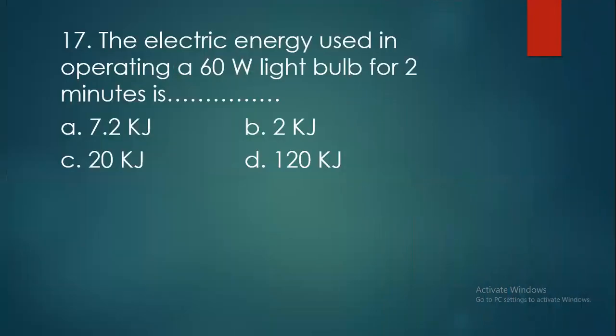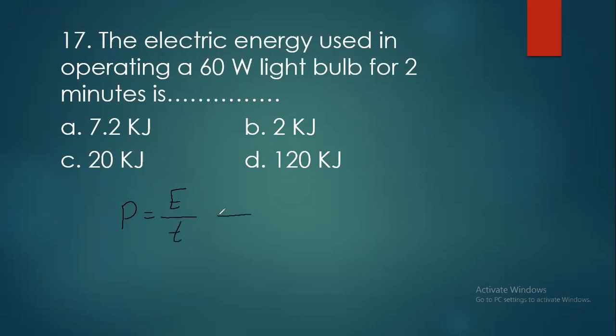Bismillah ar-Rahman ar-Rahim. The electric energy used in operating a 60-watt light bulb for 2 minutes would be, right? Recalling the energy power formula, power is defined as the amount of energy change in a given time.